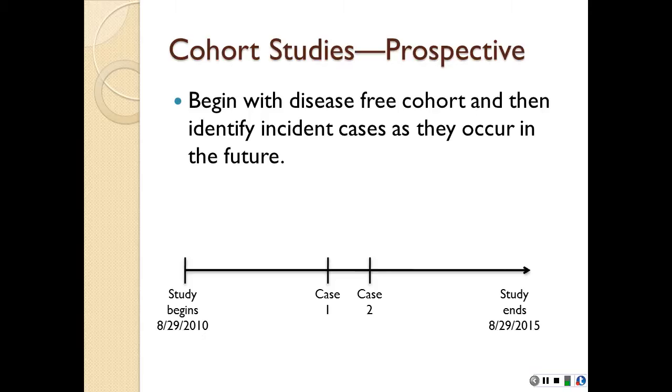Then we would track them tomorrow and the next day and for the next weeks and months and years. As people develop the disease, we say, okay, you developed the disease at this time, all the way through the end of our study period. So it takes place in real time. Today we identify people that are exposed, and then we'll follow them forward through time, and as people get sick, we will count them as a case.